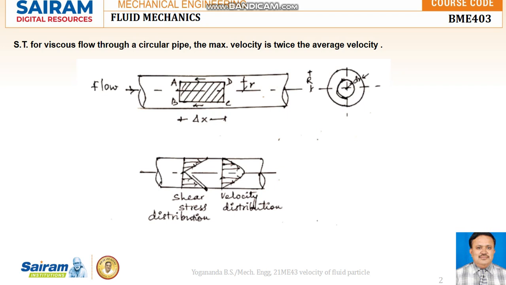Whereas the stress is 0 at the center because the flow is uniform there, and at the pipe wall my velocity is 0 but my stress is maximum.